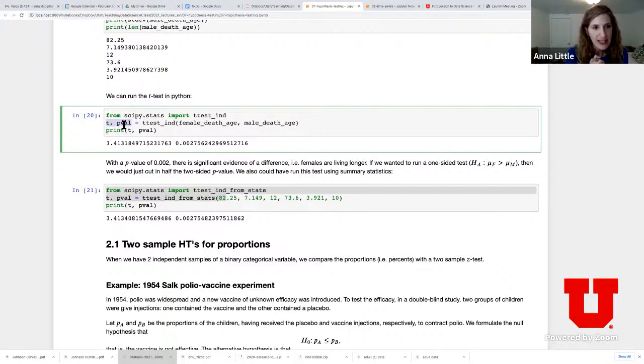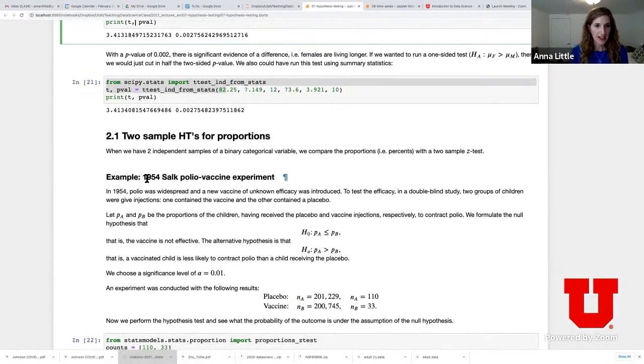But maybe if you just called this as one variable, I don't know if it would return a list. It might. You could try it. Okay, I'll leave that for you to play with.